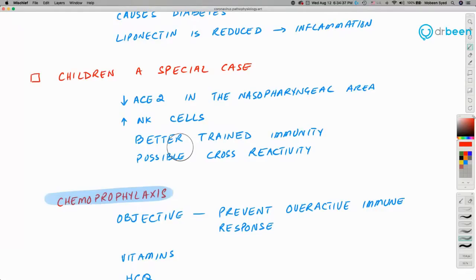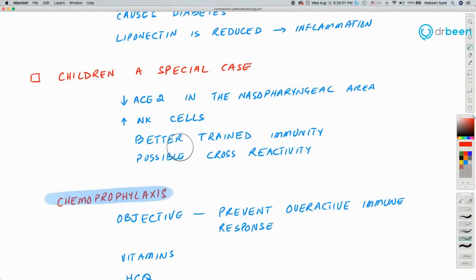Then children have better NK cell count. Their natural killer cells are more than adults, and NK cells can easily handle, at least in children, the virus much more easily. And so children escape a severe outcome. Some of the children still get into a severe state and they still have deaths.